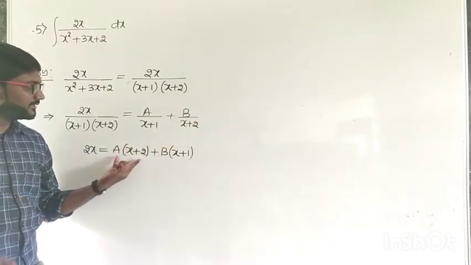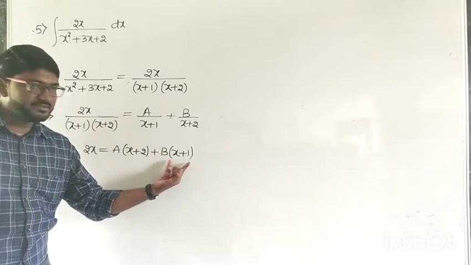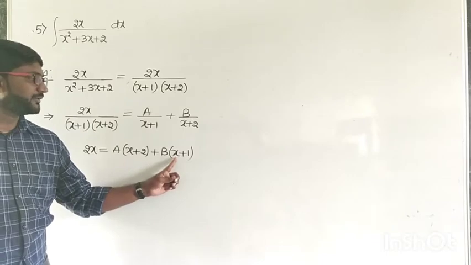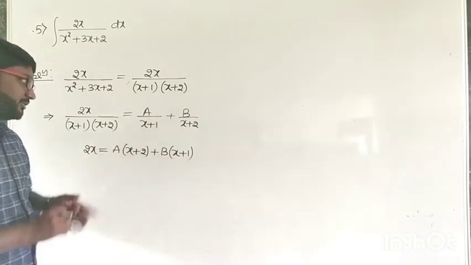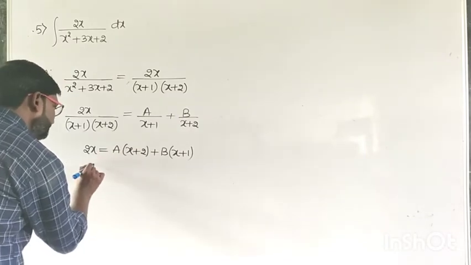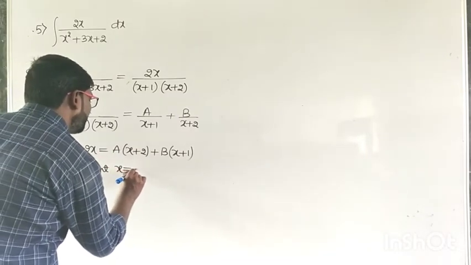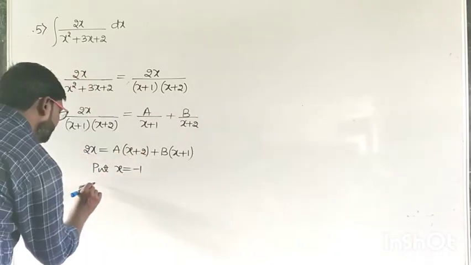Now I want to get the value of a. So we have to make this as 0. How do you make this 0? By taking x as minus 1. Minus 1 plus 1 will be 0. 0 into anything is always 0. So put x equals minus 1. 2 into minus 1 is minus 2.